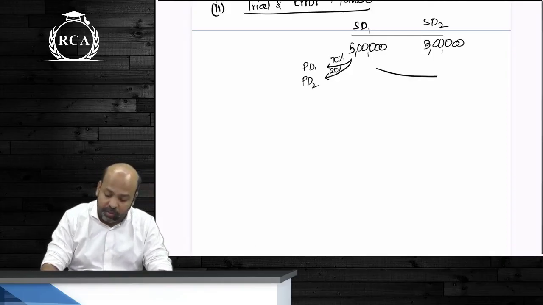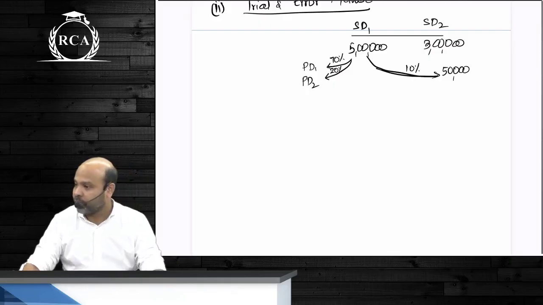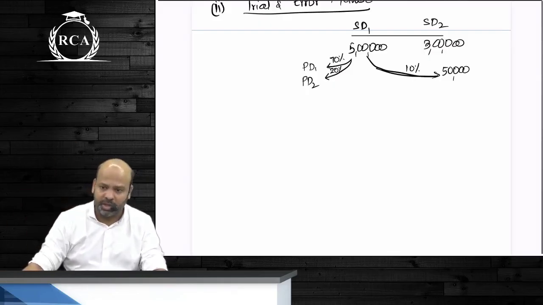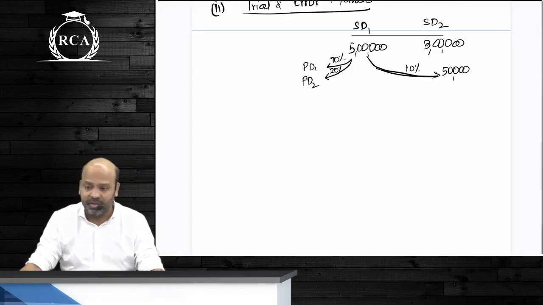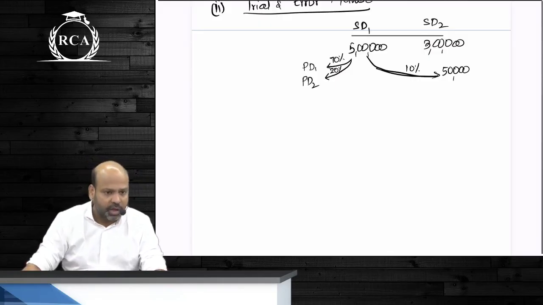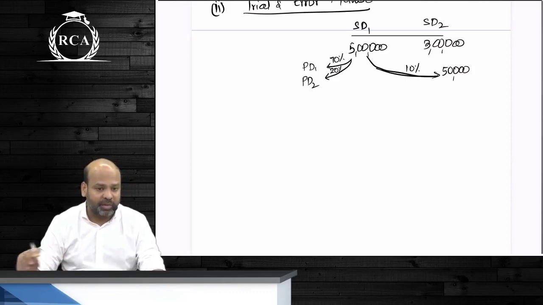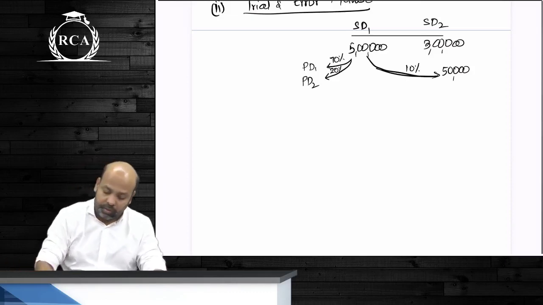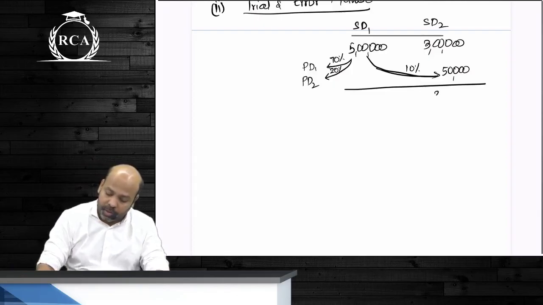10% of this amount went and sat under SD2, 50,000. I will not write that 70%, 20% now. I will only mention the 10% that got redistributed to the other service department. Are you all understanding this? But then we do know that 70% and 20% of the amount went to PD1 and PD2. Here we had 3,50,000 in the second step.